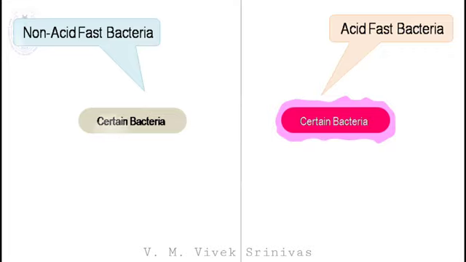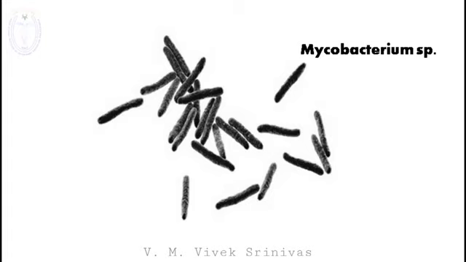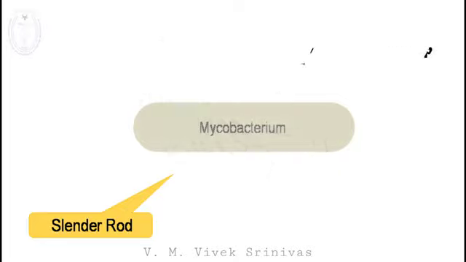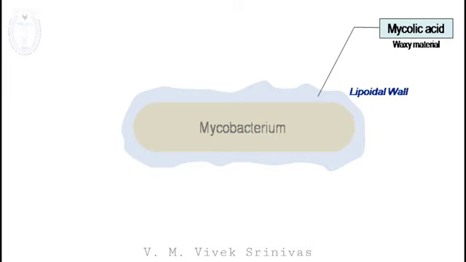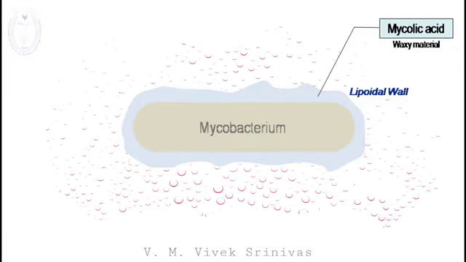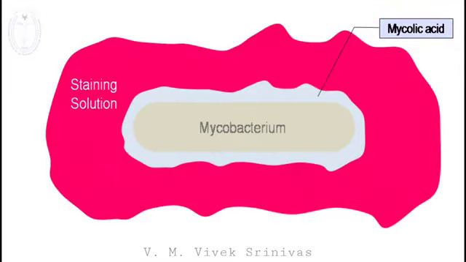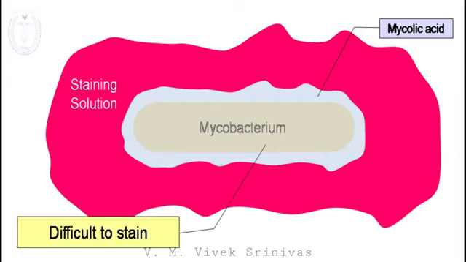A very good example of an acid-fast bacterium is Mycobacterium. These mycobacteria are slender rods. The surface of the mycobacterium consists of a lipoidal wall, called mycolic acid, which is a waxy material over the mycobacterial surface. Because of this lipoidal wall, these bacteria are difficult to stain with carbolfuchsin.